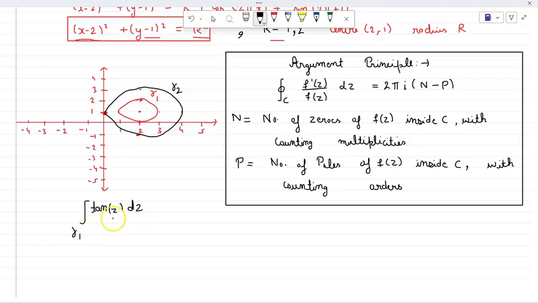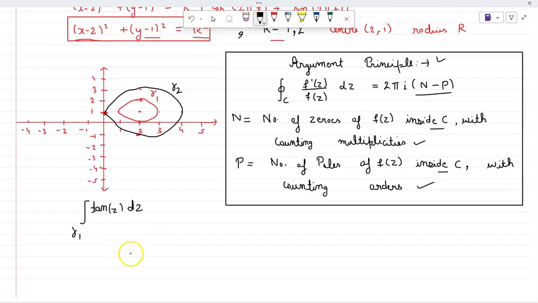To find this integration, we use an important principle of complex analysis, which is the argument principle. It says that if f(z) is a meromorphic function over a closed contour C, then the integration over C of f dash z upon f(z) dz equals 2 pi iota times (N minus P), where N is the number of zeros of f(z) inside C with counting multiplicities, and P is the number of poles of f(z) inside C with counting orders.